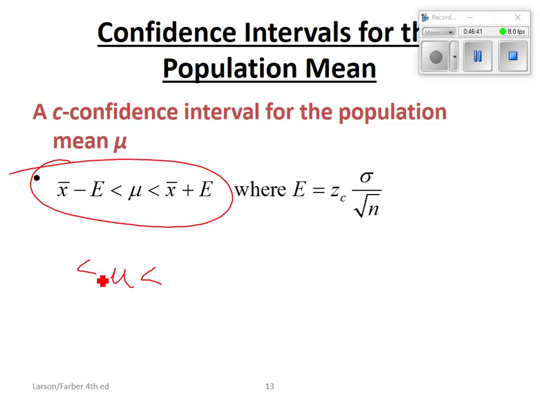Like I said, I just did that example a couple minutes ago, and we said mu had to be between 5 and 15. That's all you're doing there. Just another way to write it. To find the low limit, X bar minus the margin of error. To find the high limit, X bar plus the margin of error.